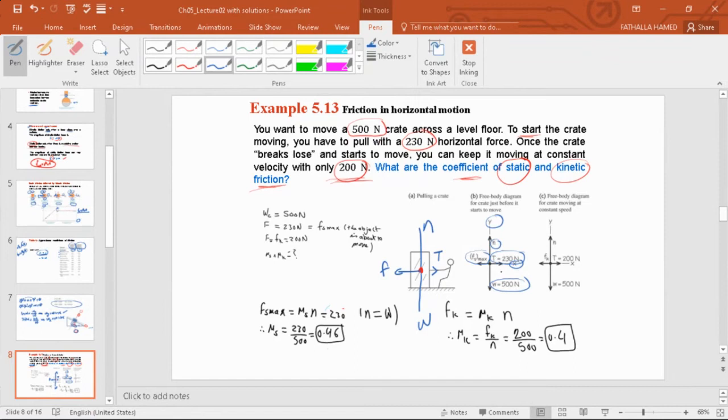So if you want to analyze that, you will say that along the x-axis, you have the tension, which is acting positive, minus the Fs max, and that should equal 0 in this case. They're just equaling each other. So out of this one here, the Fs max will equal the tension.